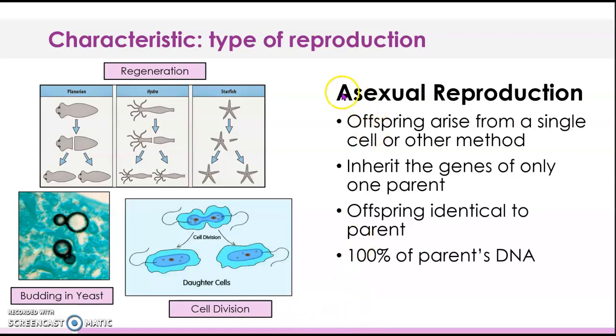So something that reproduces with asexual reproduction is the parent uses its own DNA to make the offspring. So it arises from a single cell and inherits all the DNA from the parent. The rate of reproduction is fast.